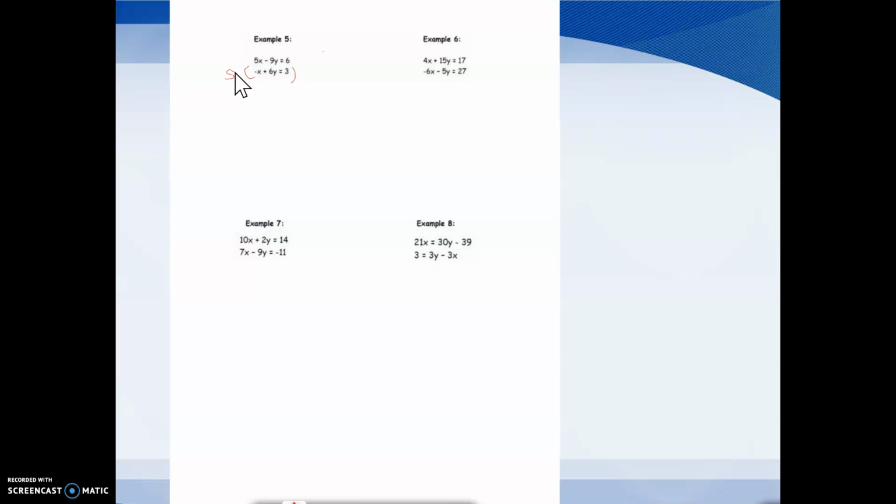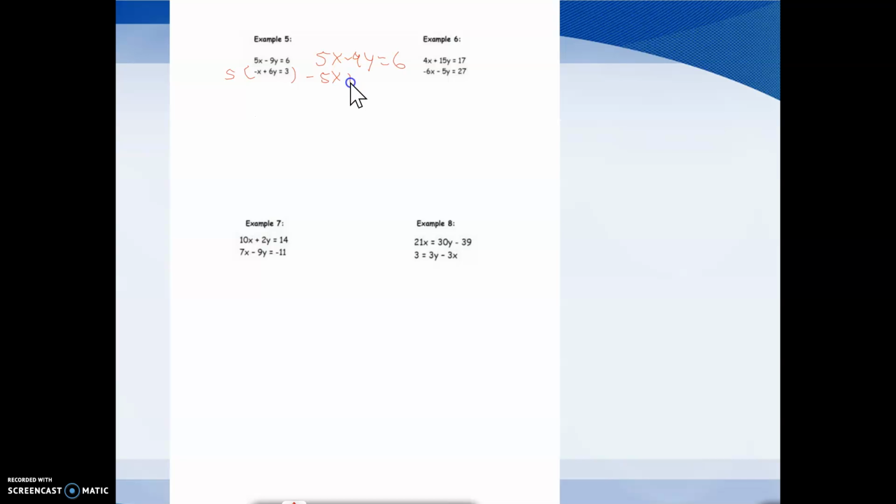So I'm going to leave the top one alone. Then I'm going to take the bottom one, multiply that by 5, and you'll see I'm going to be canceling out the x's in a second, okay? Make sure you distribute that 5 throughout the problem.